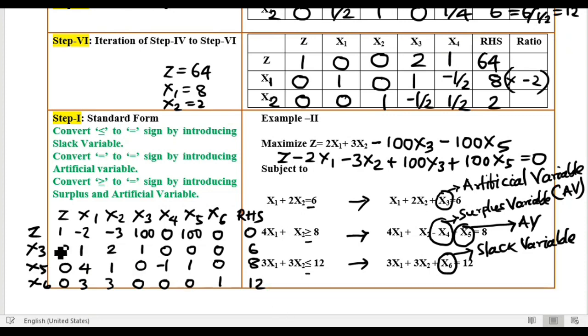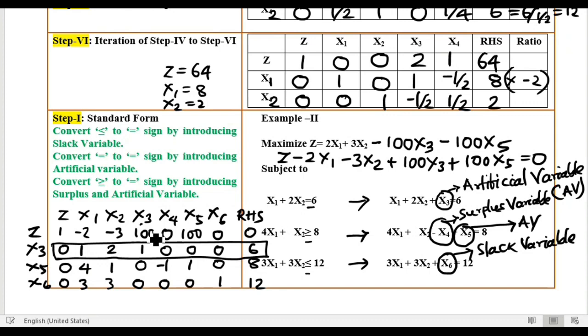So first I have to multiply this particular row by minus 100, and add it over here. Based on that, it will become 0, whatever the result would be, because the changes will occur.